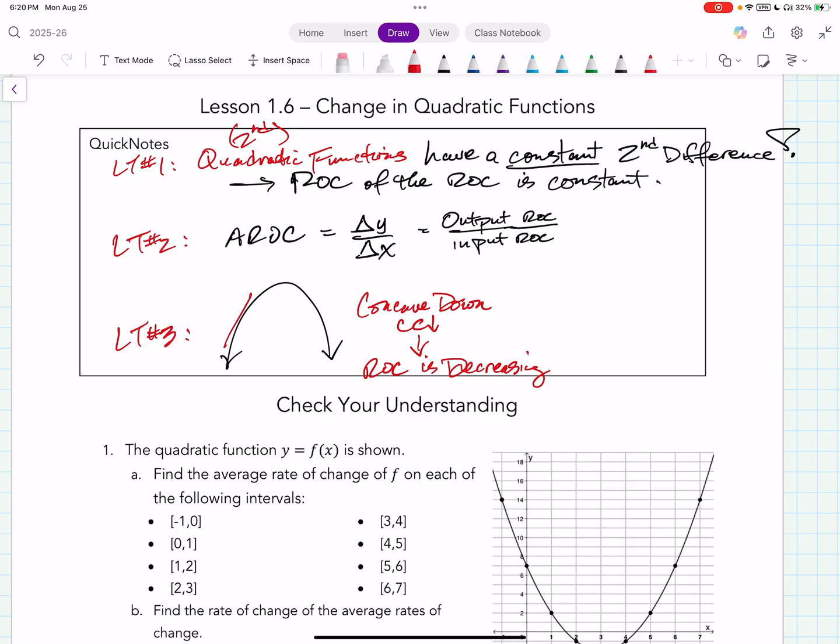Why? Because if you look at the slope of the tangent lines, you start off with a positive slope on the left side, at the very top you have a slope of 0, and on the right side you have a negative slope if you pick points along the function.